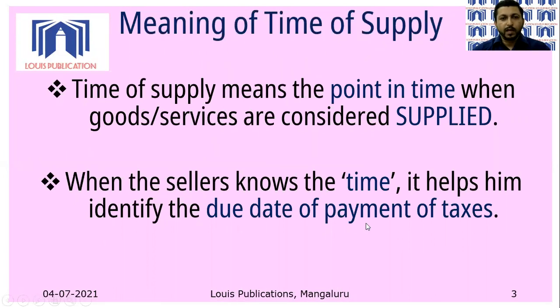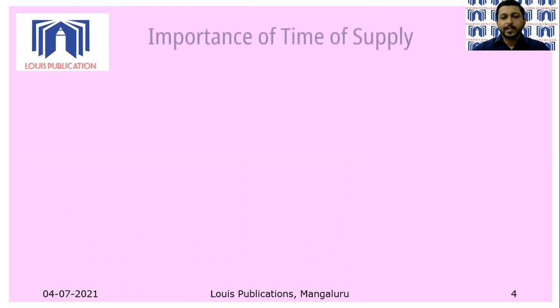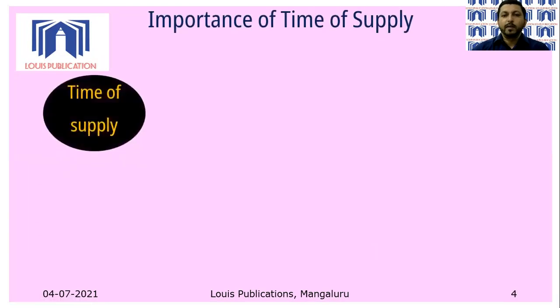So time of supply is going to help us understand the due date of payment of taxes on such a supply. Time over here doesn't mean 24-hour time. We are talking about which day this transaction can be treated as a supply. Let's understand in detail.